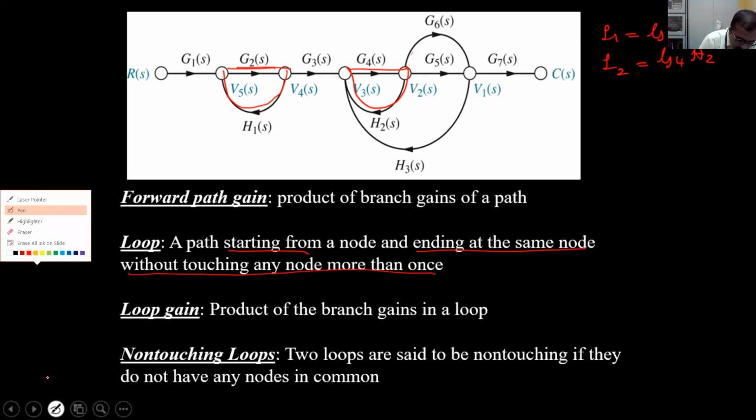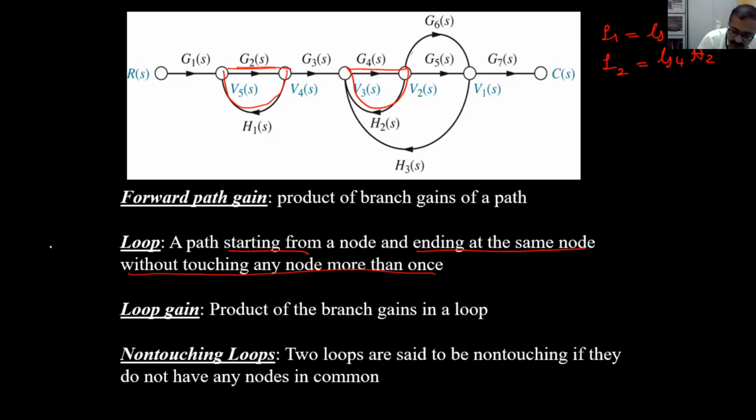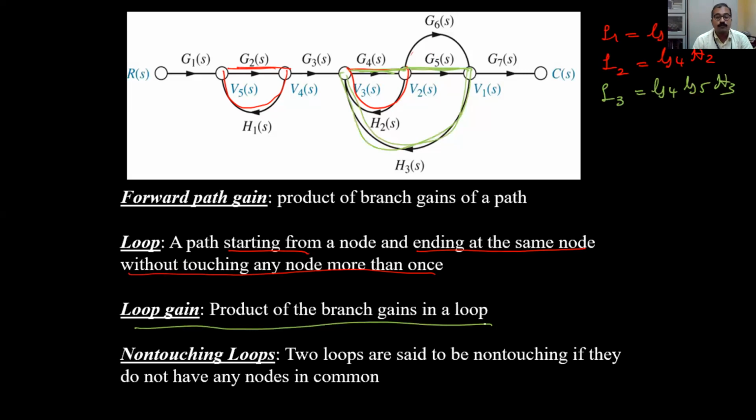That is a loop. That is another, third loop. I can write my third loop L3 as G4, G5, and H3. So there are three possible loop gains. What is loop gain? Product of the branch gains in a loop is called loop gain.